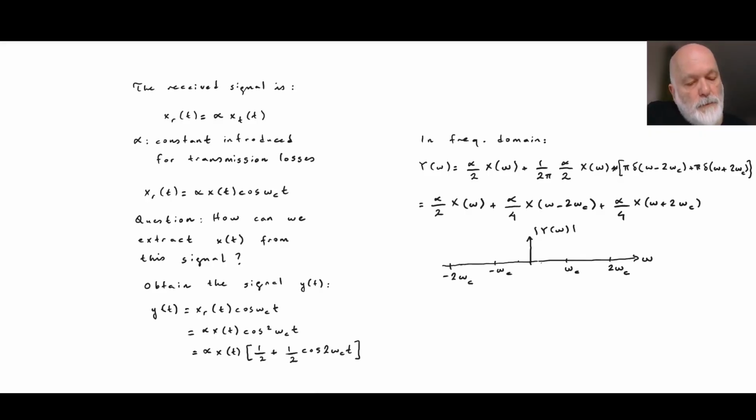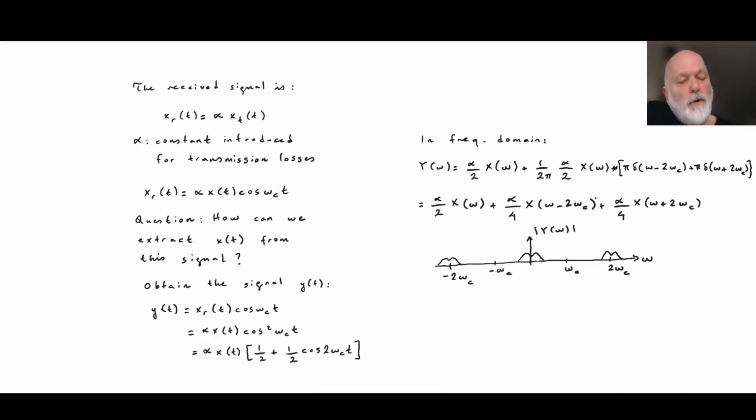Therefore, we are going to have such a graph. If we forget about the constant multipliers, which are not very critical, we have X of omega, and X of omega shifted to 2 omega c and minus 2 omega c.